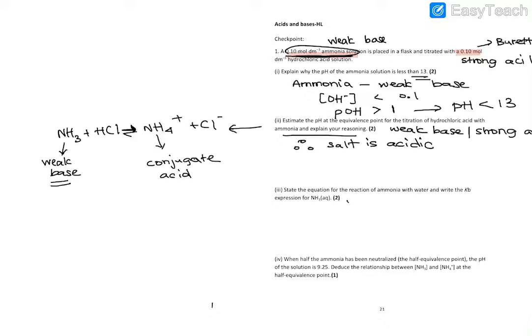Because the base is a weak base, the conjugate acid is going to be a strong conjugate acid. And because it is a strong conjugate acid, it's going to release H plus more easily. Because H plus is released, the pH of the salt solution is going to decrease, so it's going to be acidic.